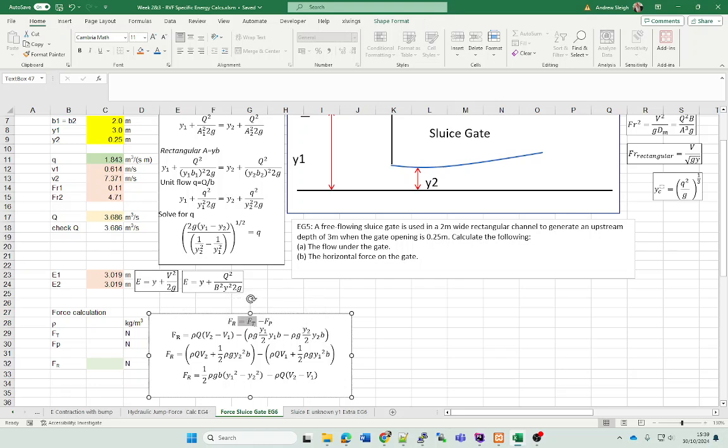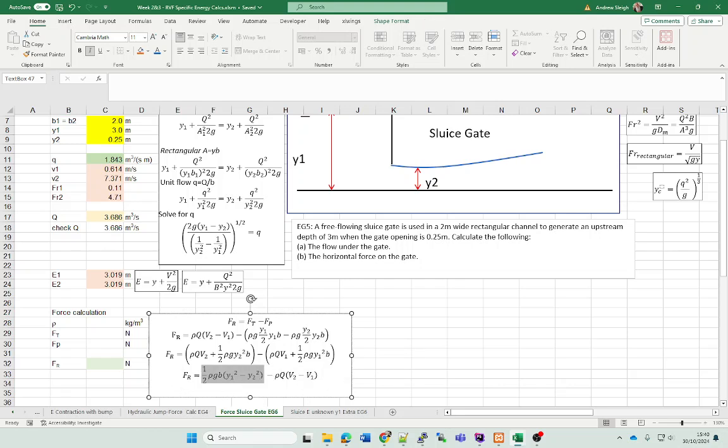The total force is momentum force, rate of change of momentum, and the pressure force is the force due to the change in pressure on the two sides, which is pressure at the centroid times the area for one side, minus pressure at the centroid times the area for the other side. We can write this down algebraically, and here is our calculation that we need to calculate.